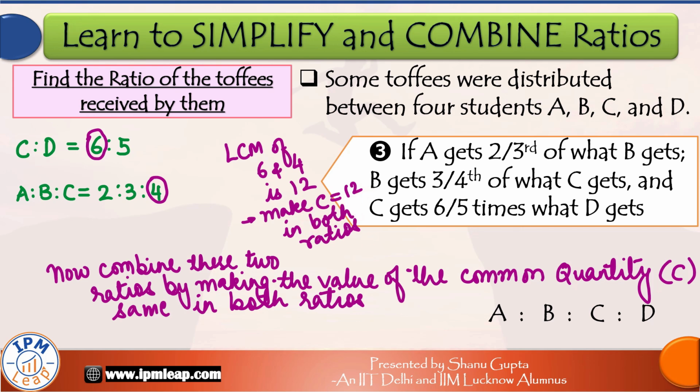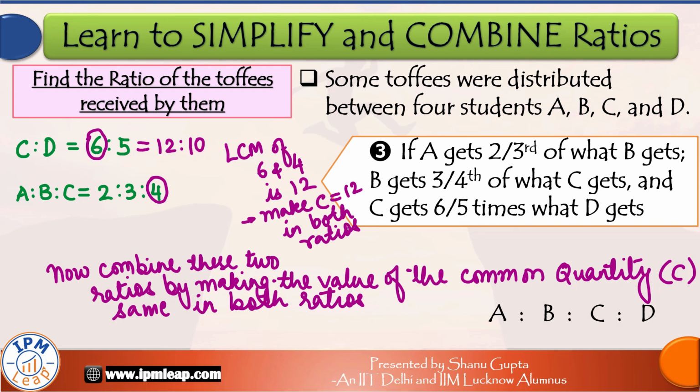For this, we can multiply all parts of this ratio by the number 2. 6 into 2 is 12 and 5 into 2 is equal to 10. Remember, as long as we multiply or divide all parts of a ratio by the same constant, the ratio remains the same.